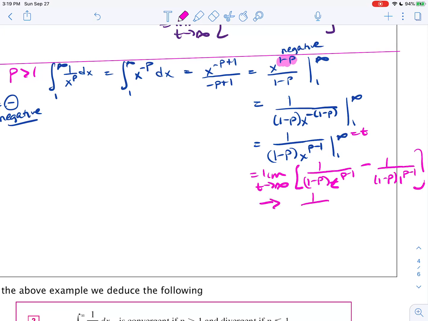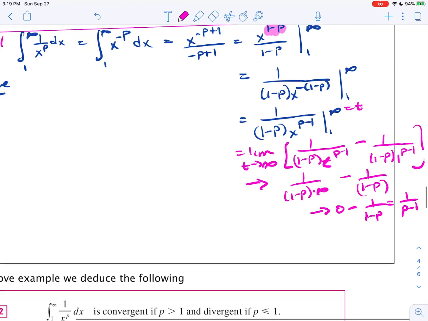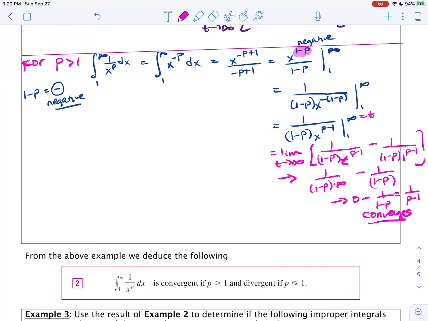So we do know that this is going to be 1 over 1 minus p times infinity, take away 1 over 1 minus p. And we can see that this is going to converge to 1 over p minus 1. So we can say that this is convergent. Okay, so we do know that for p bigger than 1, the integral does converge.